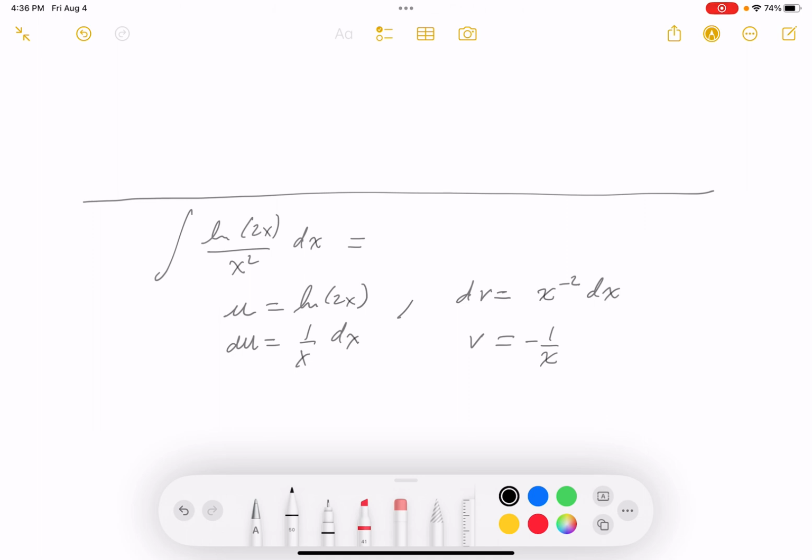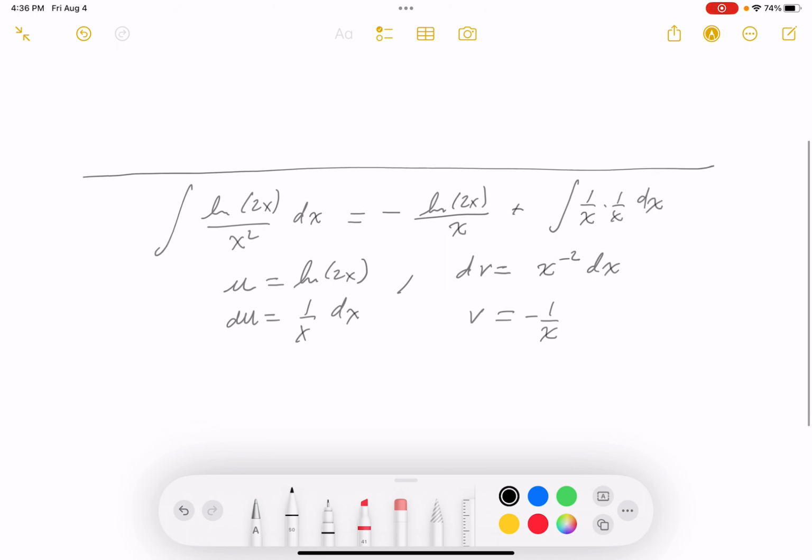It's going to be uv, so minus natural log of 2x over x. That's uv, minus the v du. Let's see, plus 1 over x. That's the v part. And the du is 1 over x dx.